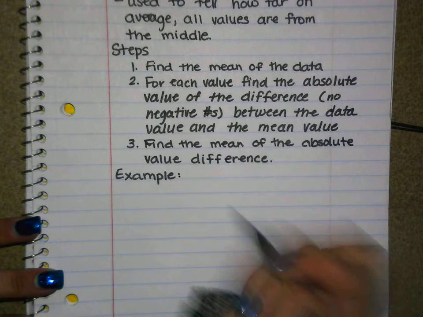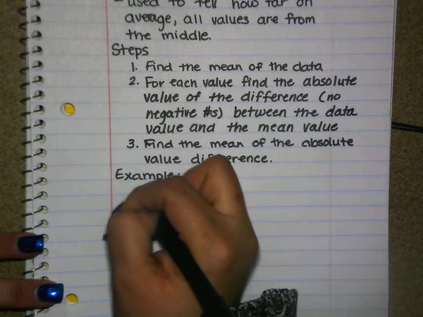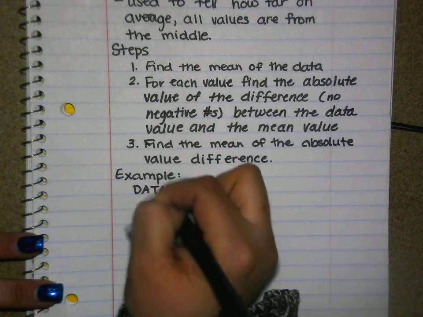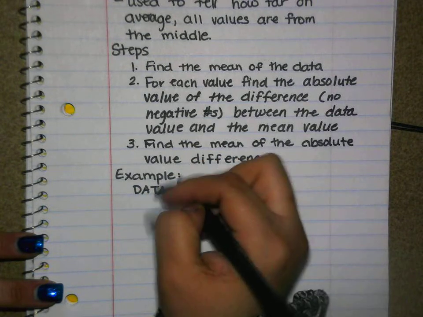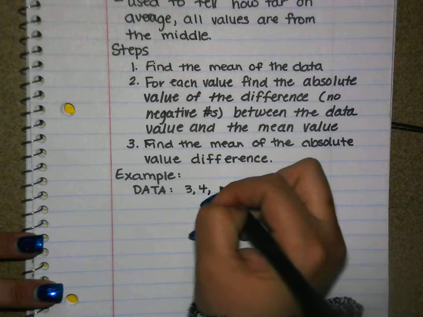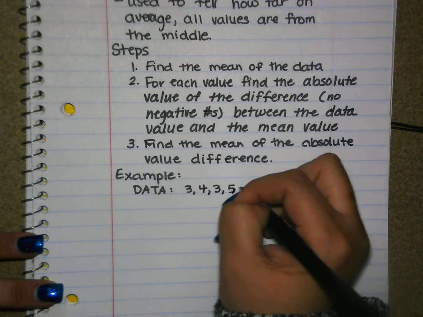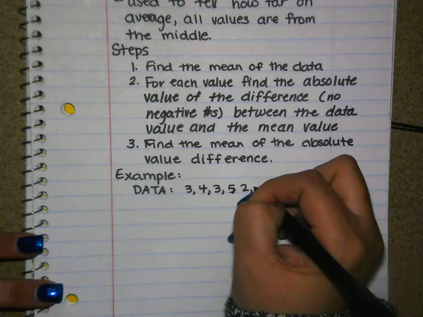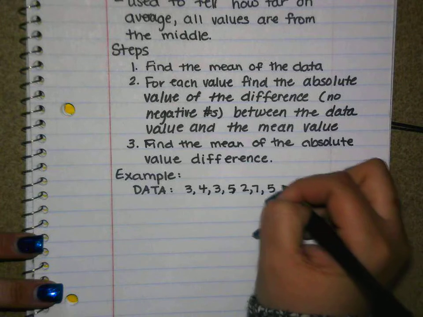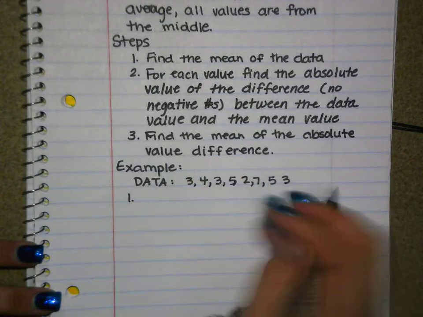Okay, so here's an example. We have this data set. In this data set, we have a 3, a 4, another 3, a 5, a 2, a 7, a 5, and a 3. Okay, so number one, we're going to find the mean.